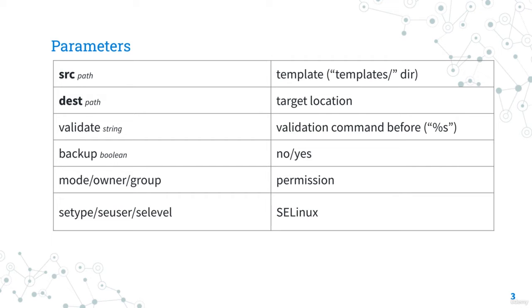If the backup parameter is enabled, Ansible creates a backup file including the timestamp information before copying to destination. Let me also highlight that we could also specify the permission and SELinux properties.